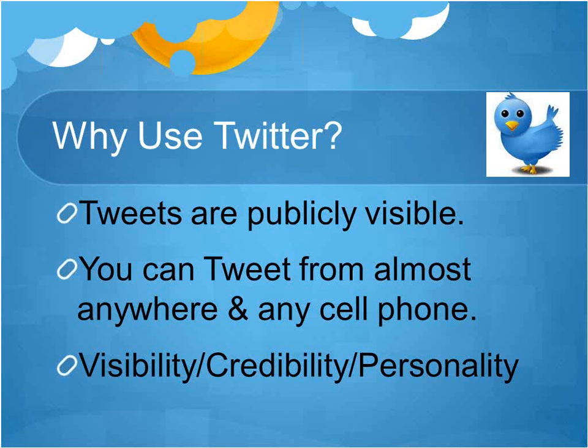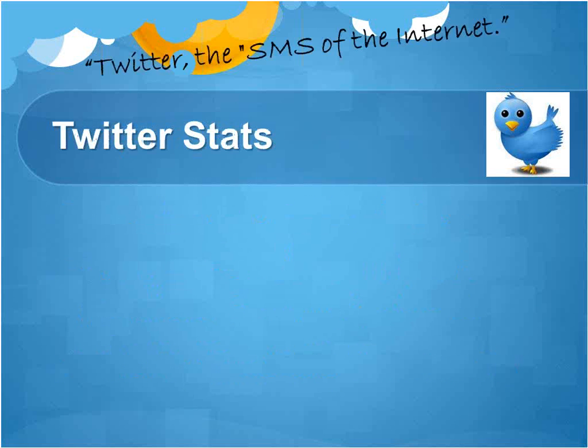And the third and probably the biggest reason is visibility, credibility, and personality. Twitter allows you to share your personality. So in the social media for marketing sense, you can use it as that know, like, trust, for people when they get to know you and you're creating those relationships online.